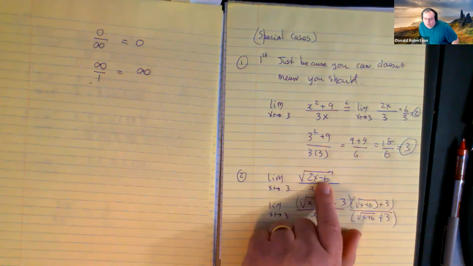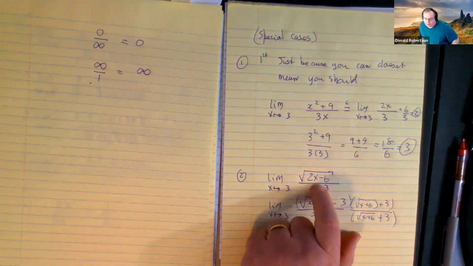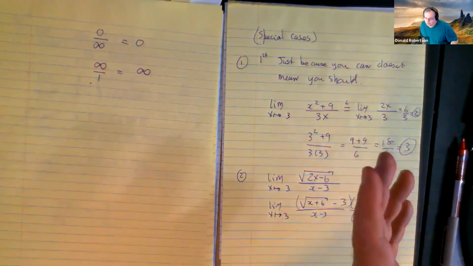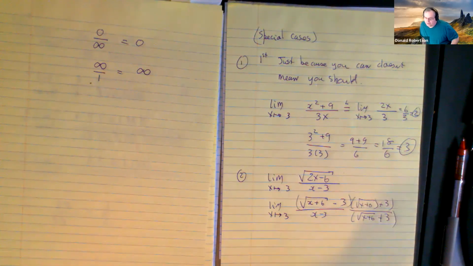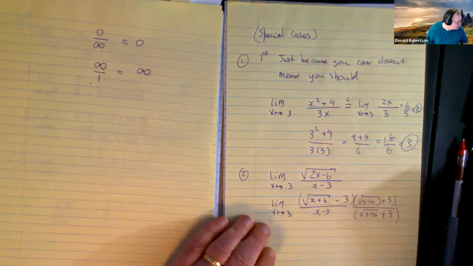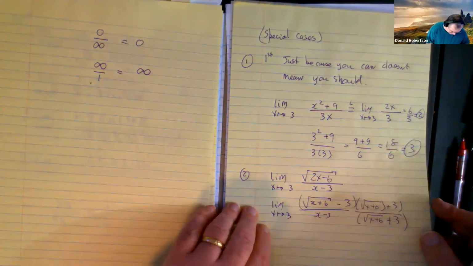So be careful. If you see square roots involved, think of doing week 1, week 2 stuff, right? Think L'Hospital is not the choice, but think of a conjugate method. So that would be my second special case.